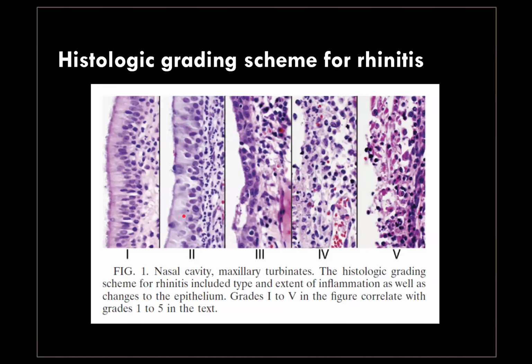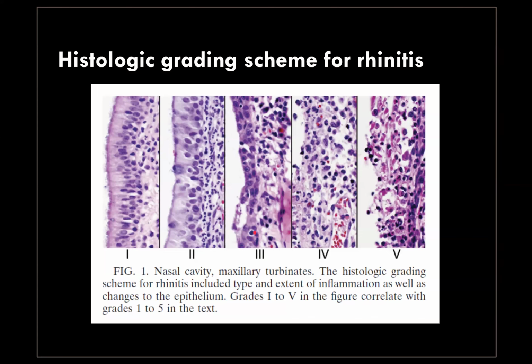Then there is histological grading for rhinitis. This is normal ciliated epithelium. We can see the cilia right here. All of these cells are intact. And then when it is infected with your Bordetella bronchiceptica, then we can see that the ciliated epithelium slowly becomes atrophic or actually necrotic, no?